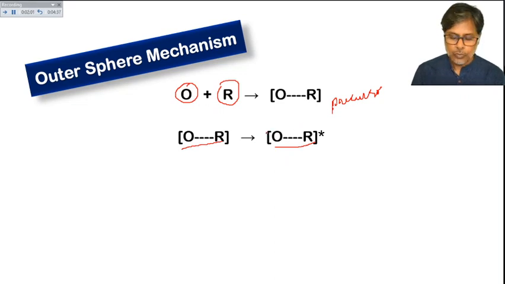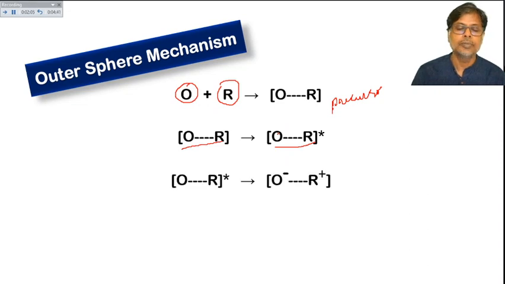Once the activated complex has been formed, one electron goes from the reductant to the oxidant; the oxidant gains one electron and the reductant loses one electron.